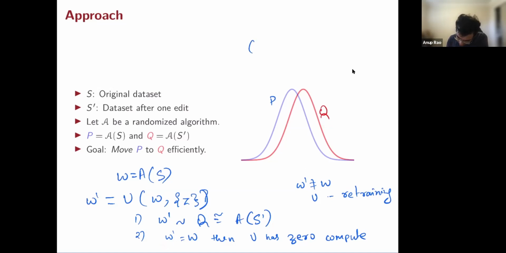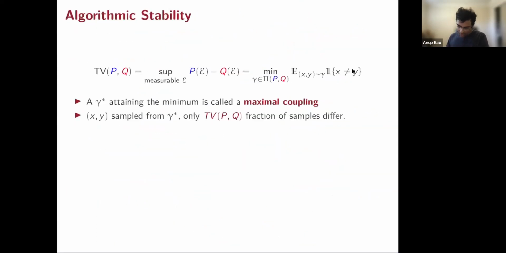If we look at this W comma W prime, it's a joint distribution. It's a coupling. What that means is that W is the marginal, W is distributed as P, and W prime by our requirement is distributed as Q. And we want to maximize the probability that W prime is equal to W. So that motivates us to define what we want.